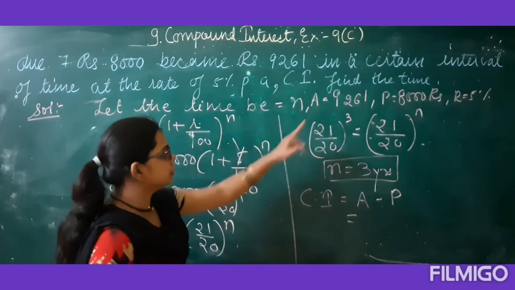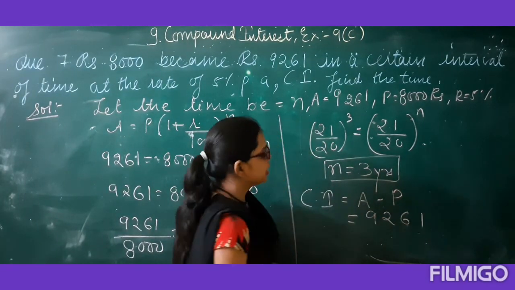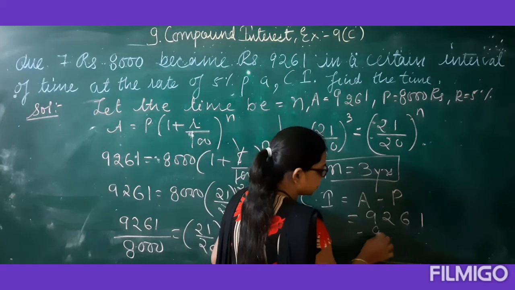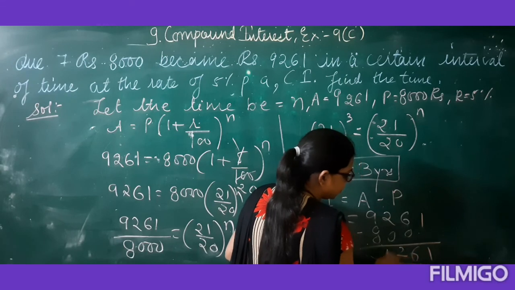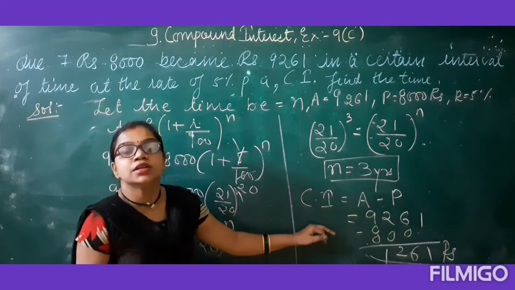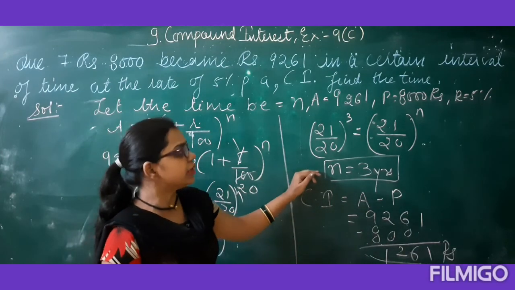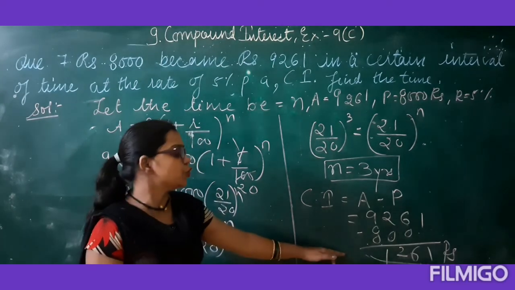What is the amount here? 9,261 minus 8,000 rupees, the principal. From here you will get 1,261. This much rupees is the compound interest. So the time here is 3 years, and the compound interest is 1,261.